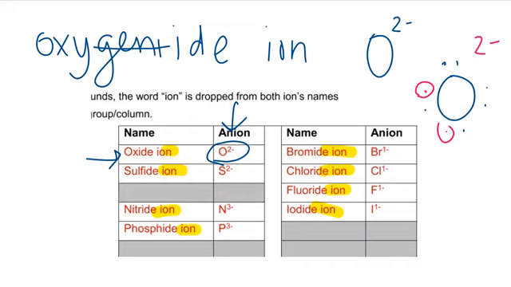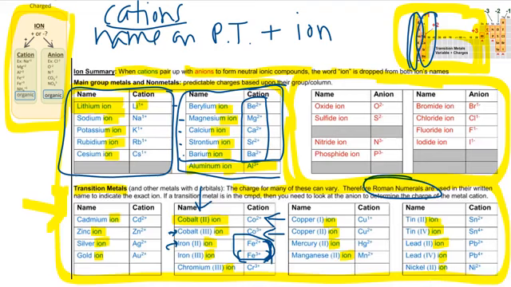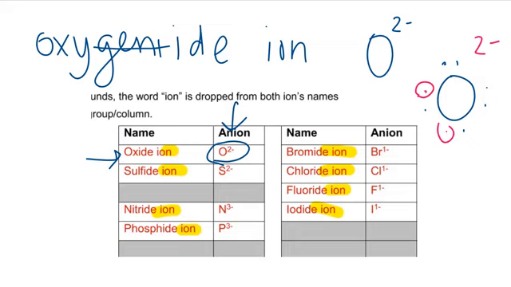So same with all of, if I go back and look at this top right picture, all of these elements that are nonmetals that gain electrons because they have a higher electronegativity are all going to become anions. So sulfur becomes sulfide, and that's a -2 charge.